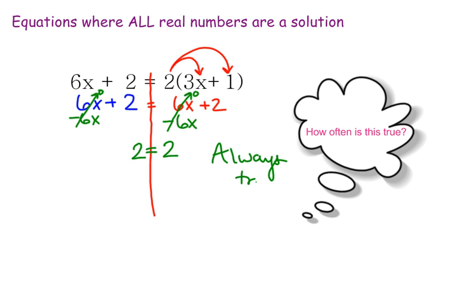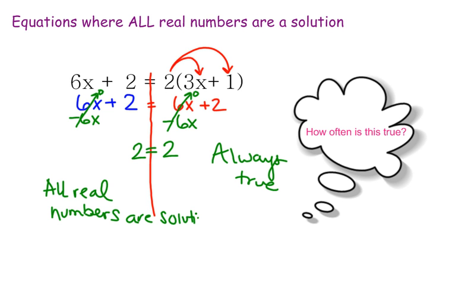And if you had a solution like this on your homework, instead of just saying x is 5 or x is negative 7, you would have to say that all real numbers are solutions. That means I could plug in any number up here at the top. I can plug in any number for x, doesn't matter what it is, and it's going to work. The problem will work.